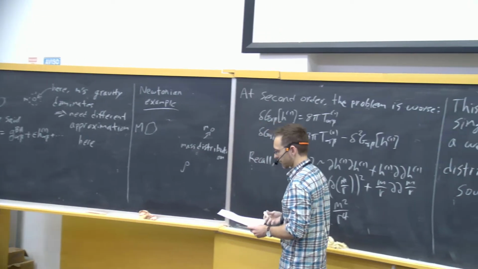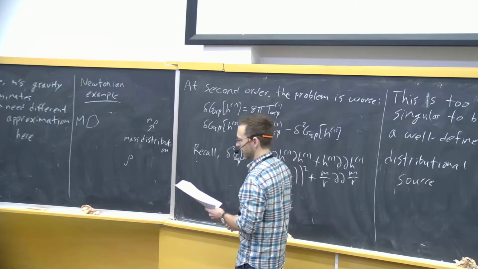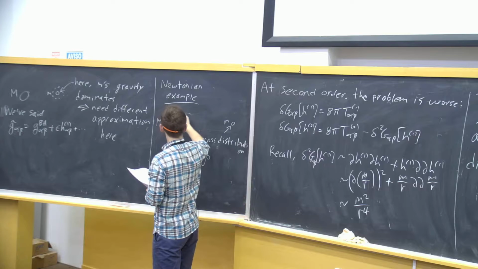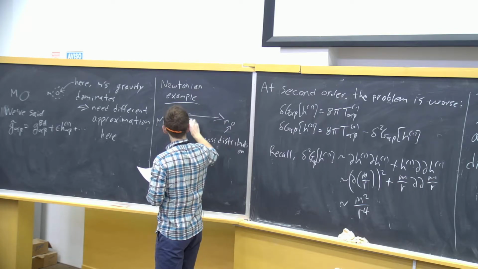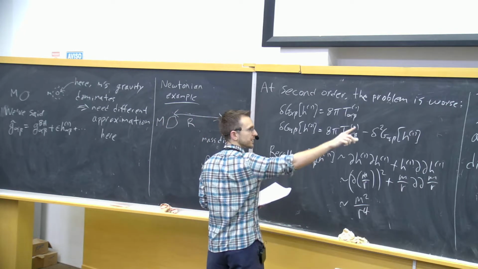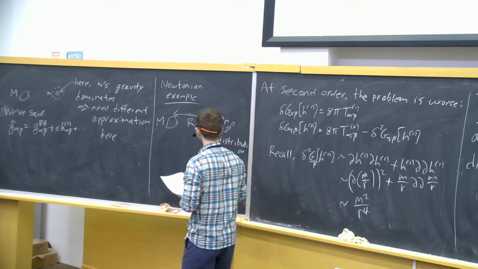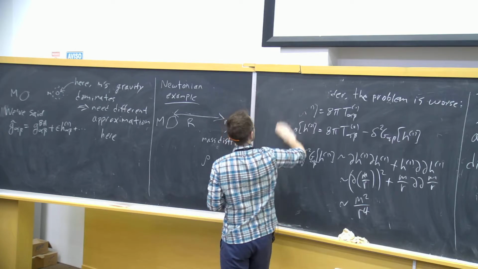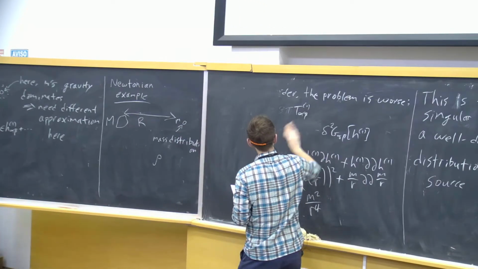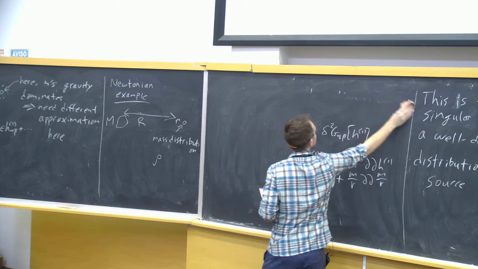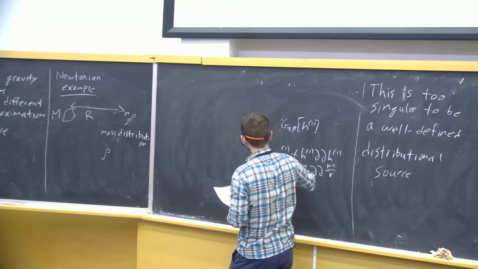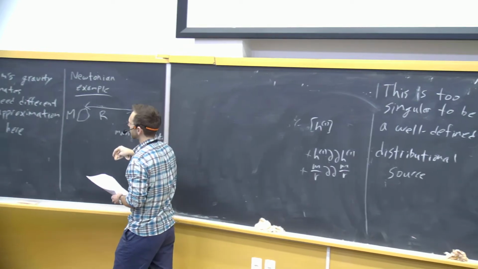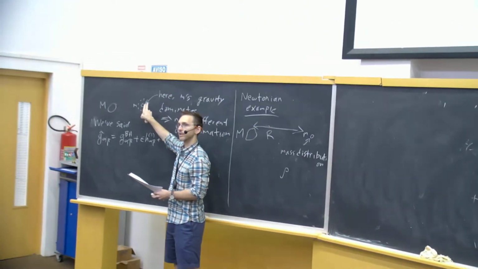So the same kind of rho that Luke was describing. And let's say the distance between the two objects is capital R, not the same capital R I used there. And now in this Newtonian example, I want to look at the field in a small neighborhood around the smaller object. So this kind of small region.